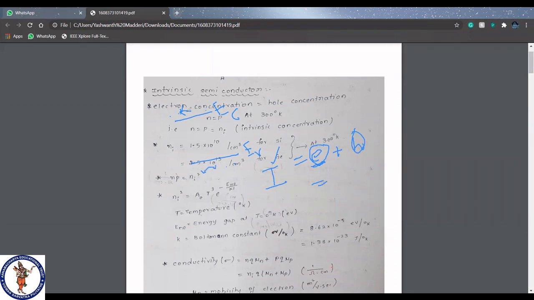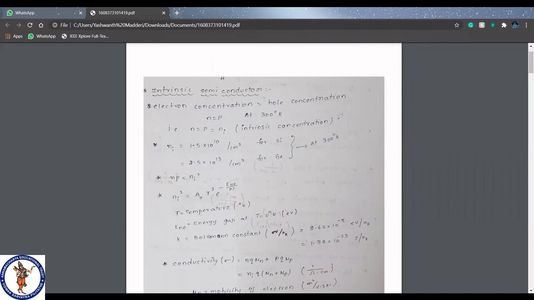The electron can move very fast, even sometimes double the speed. That is the reason the electron current is much higher than the hole current. But in this condition, at 0 kelvins, there is no current and that current is 0.